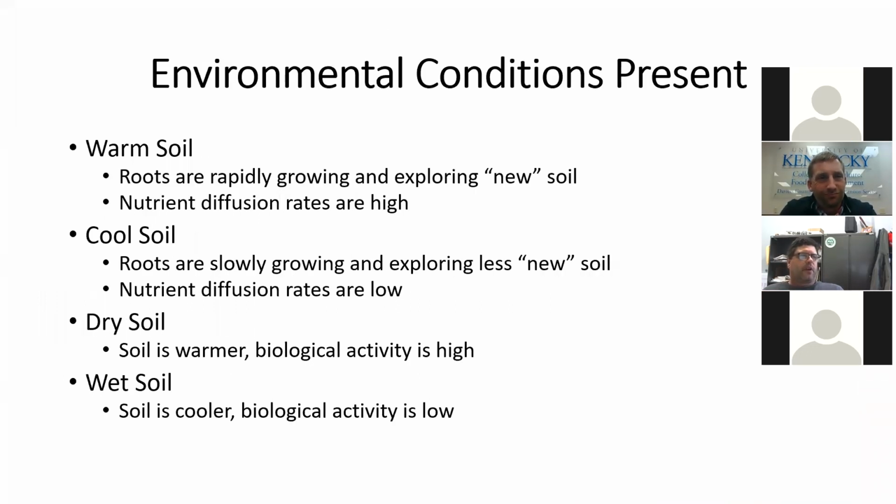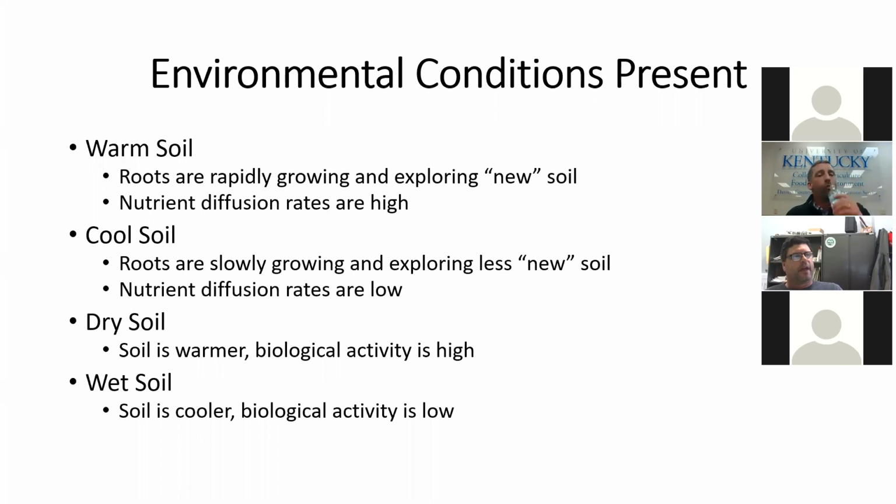Then we want to consider our environmental conditions, and this is where we're getting closer and closer to talking about starters. But warm soils. In our warm soils, roots are rapidly growing and they're exploring new soil. When they're exploring new soil, they're getting into new areas with higher nutrient concentrations.